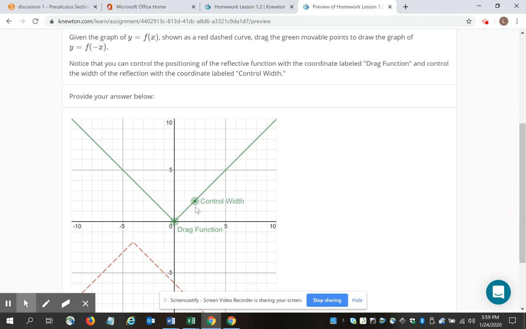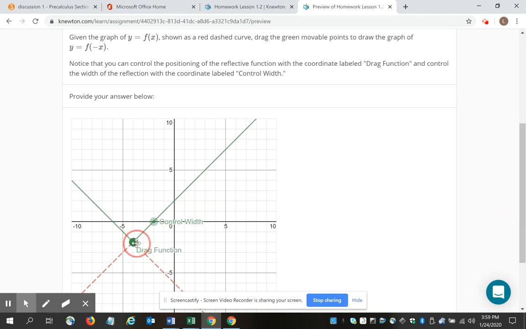Okay, if I put the green again on top of it, okay, and we want to do the -x, okay, and that's on the inside, so we're going to reflect on the y, okay, and so we're at -4, -2, so we want to move that to +4, 2.